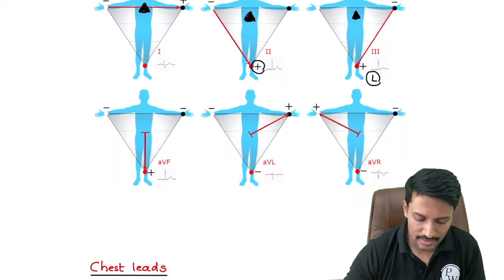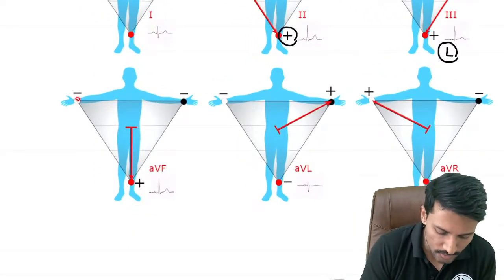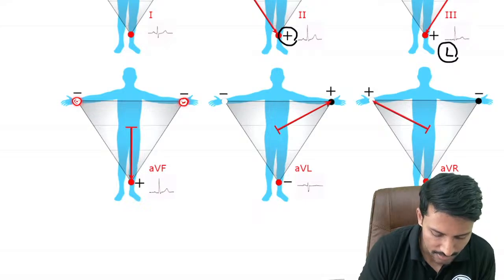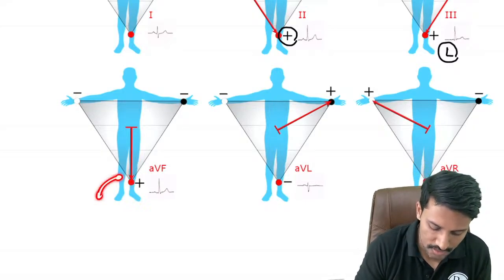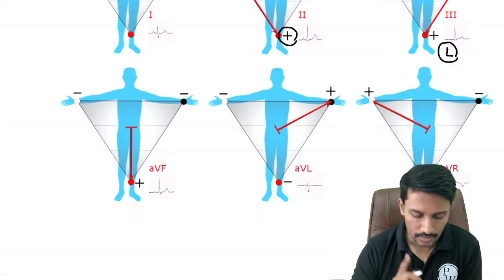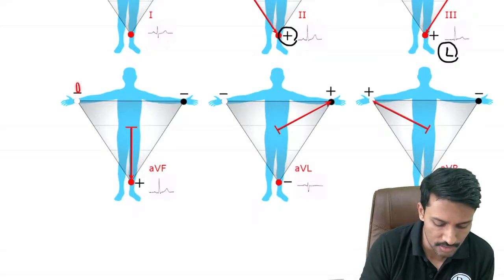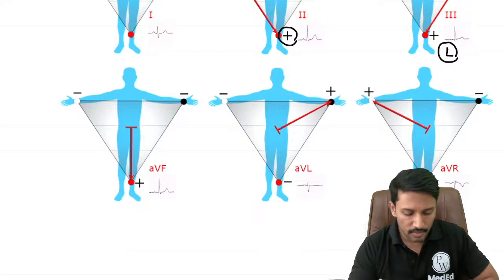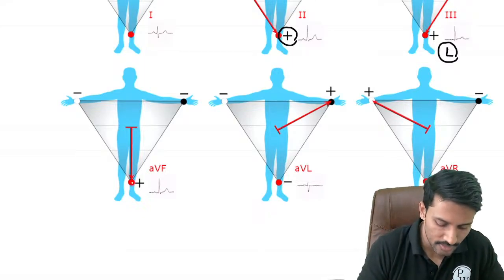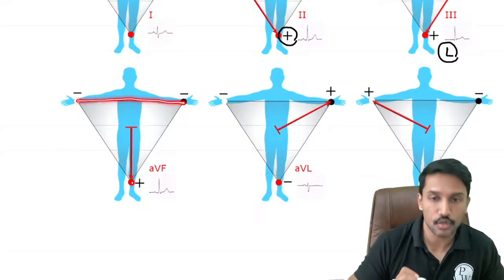But in the augmented leads, of course, we have placed one electrode on the right hand, one on the left hand, and one on the left leg. The right leg will also have an electrode, which is the grounding electrode. Now here, instead of measuring the potential difference between the two limbs, what we are doing is we are measuring the potential difference between one limb and the net of the other two limbs.